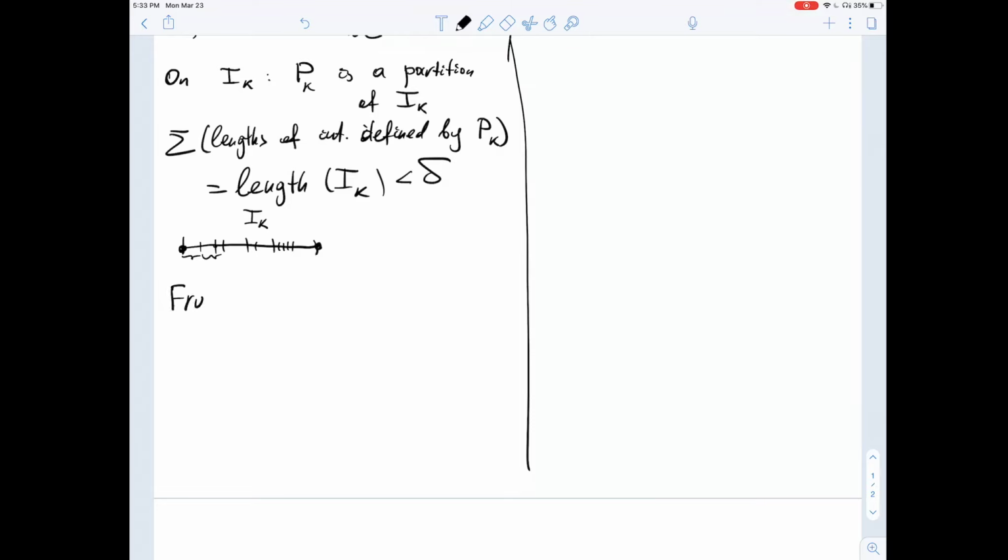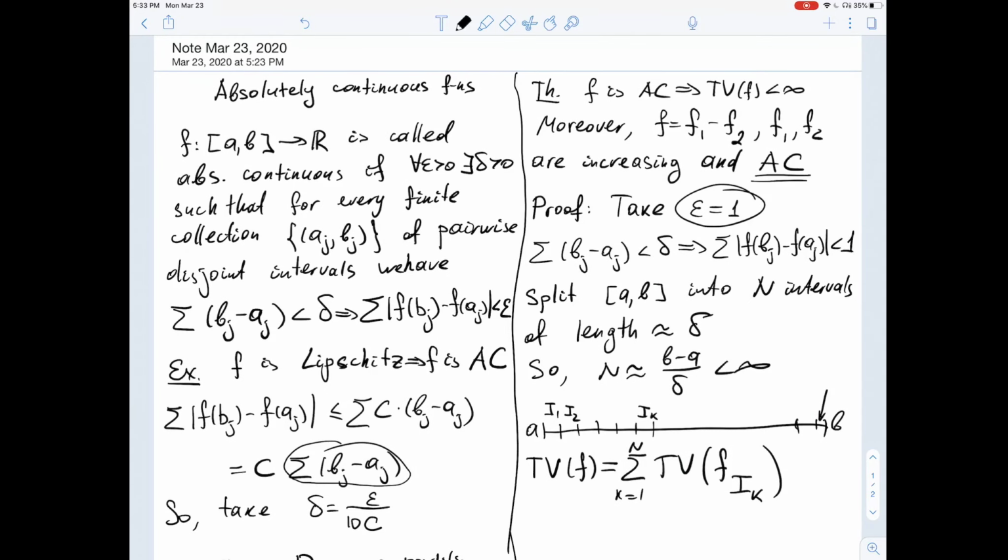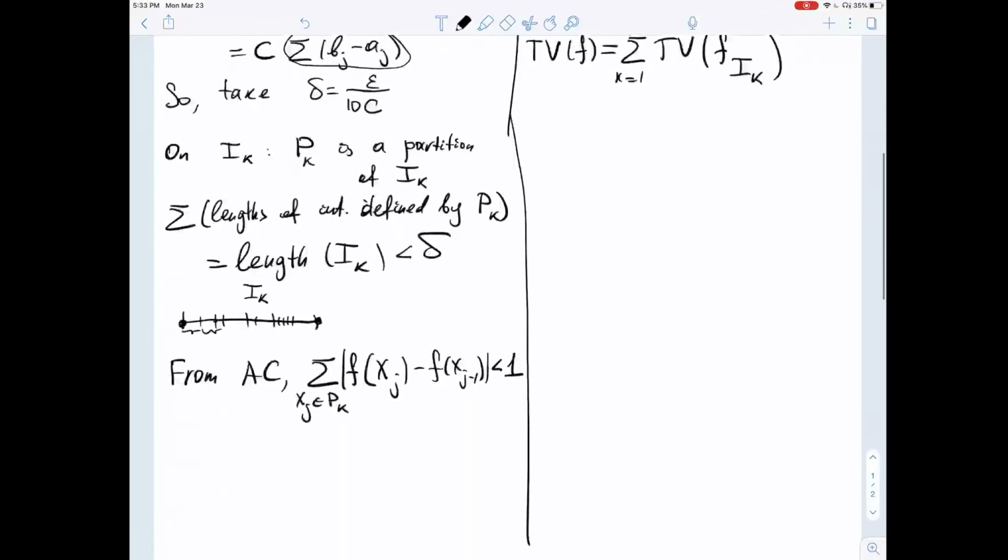So from absolute continuity, the sum of the differences of the values of f, where the xj's are in this partition, is less than epsilon, and epsilon is 1. I'll scroll up. Here is my epsilon. It's equal to 1.